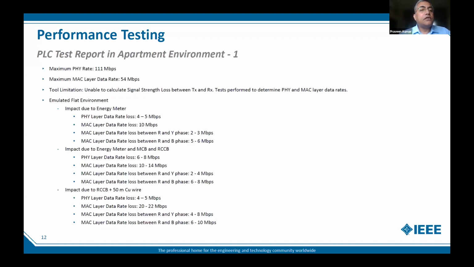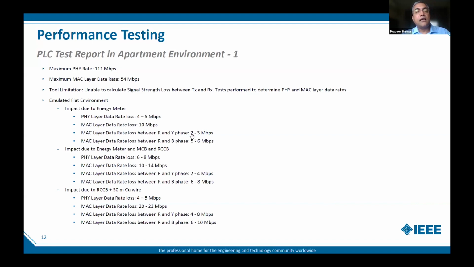What we observed is that at the PHY layer, 111 Mbps, but at the MAC layer, we could achieve up to 54 Mbps. The path loss due to the energy meter was 4 to 5 Mbps. And at the MAC layer, there was a drop of 10 Mbps. We also tested between different phases.